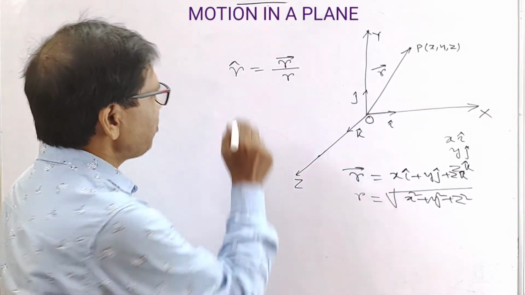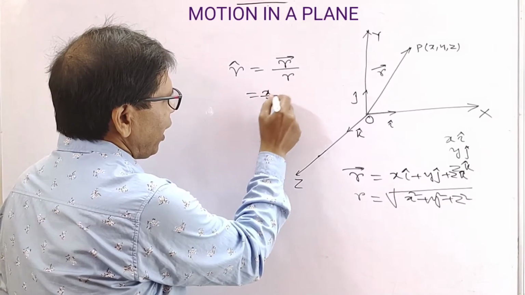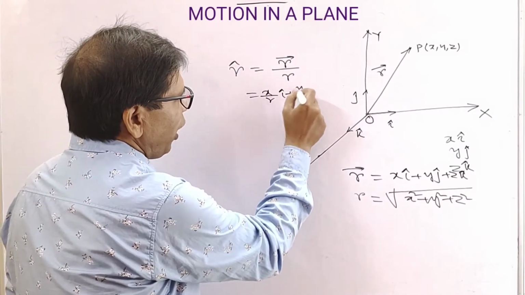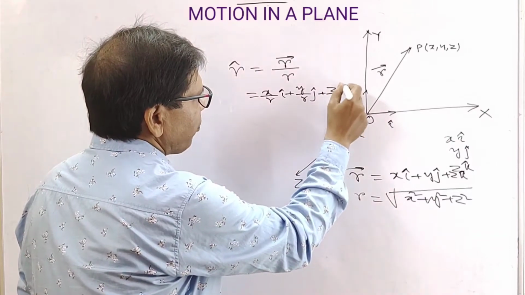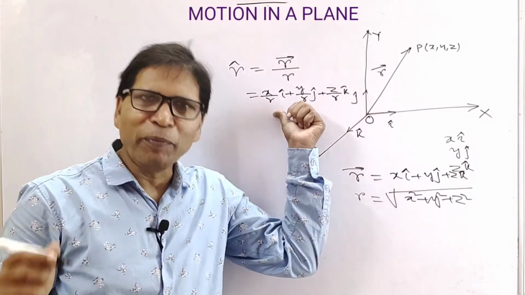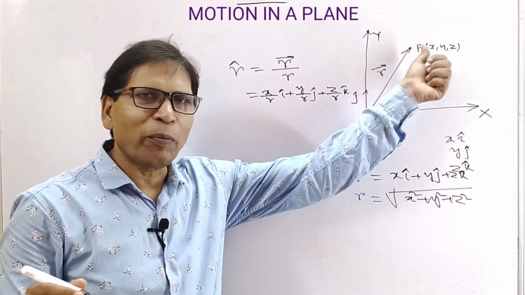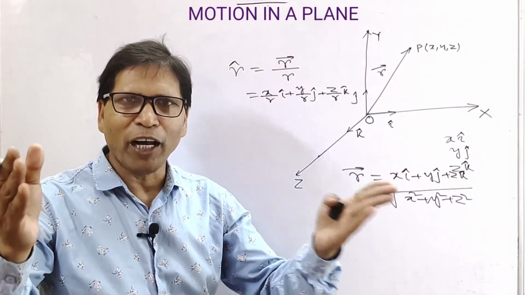So this becomes x by r i cap plus y by r j cap plus z by r k cap, which is the unit vector along the direction of the r vector, or parallel to the r vector.